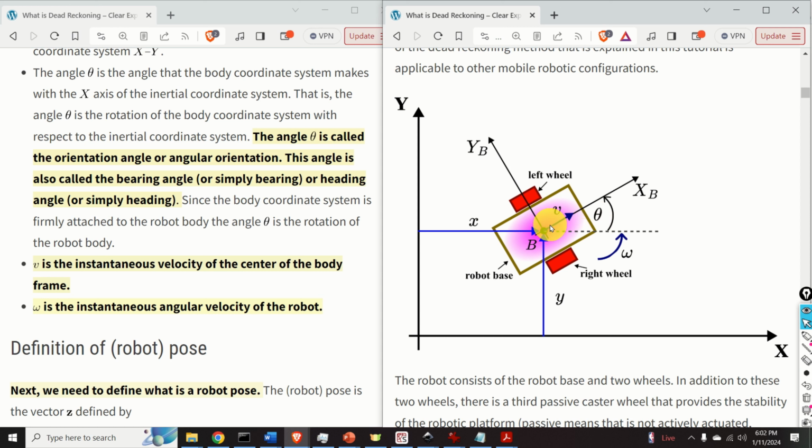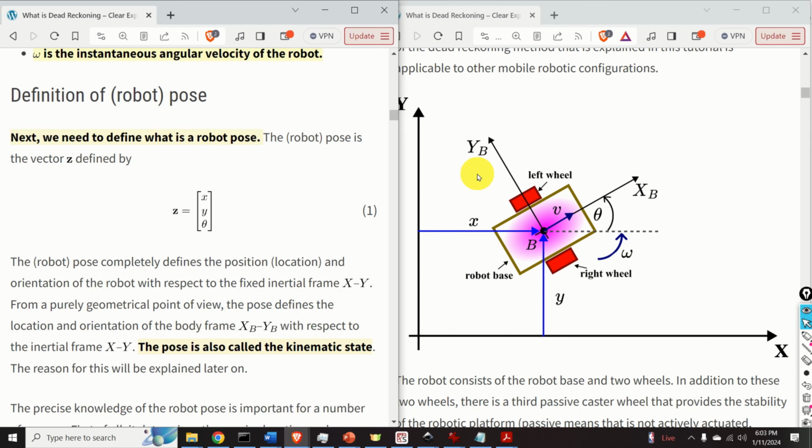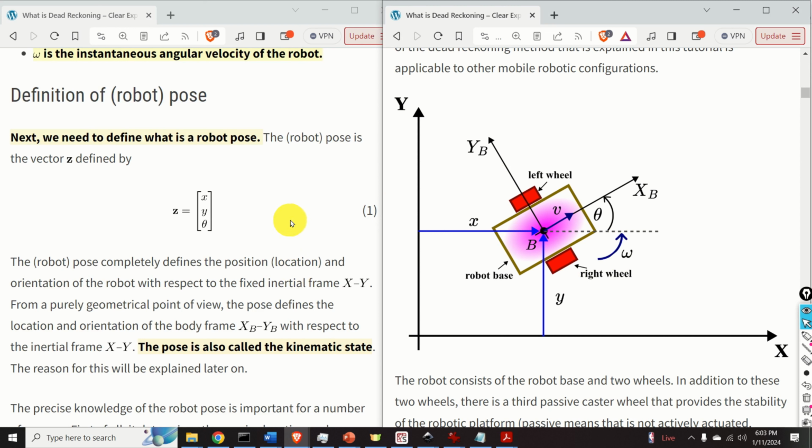v is the instantaneous velocity of the center of the body frame, and omega is the instantaneous angular velocity of the robot. Next, we need to understand what is the robot pose. The robot pose is the vector z defined like this. The first entry is x, the second entry is y, and the third entry is the angle theta.